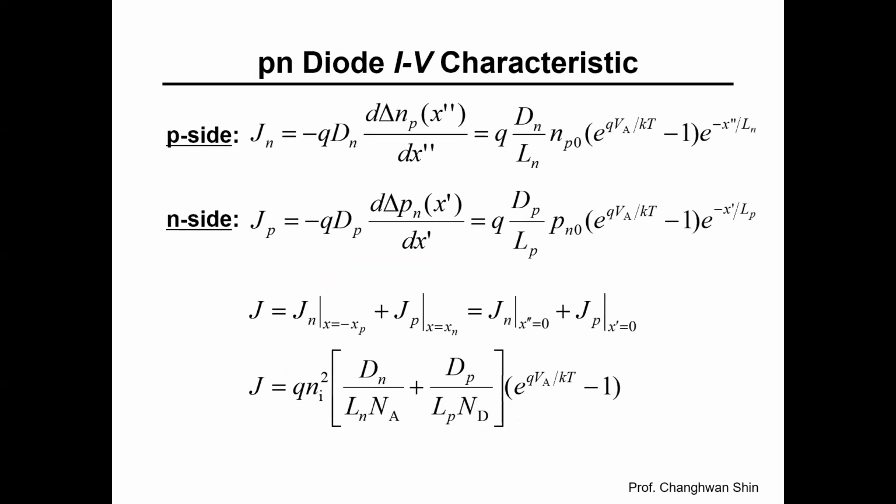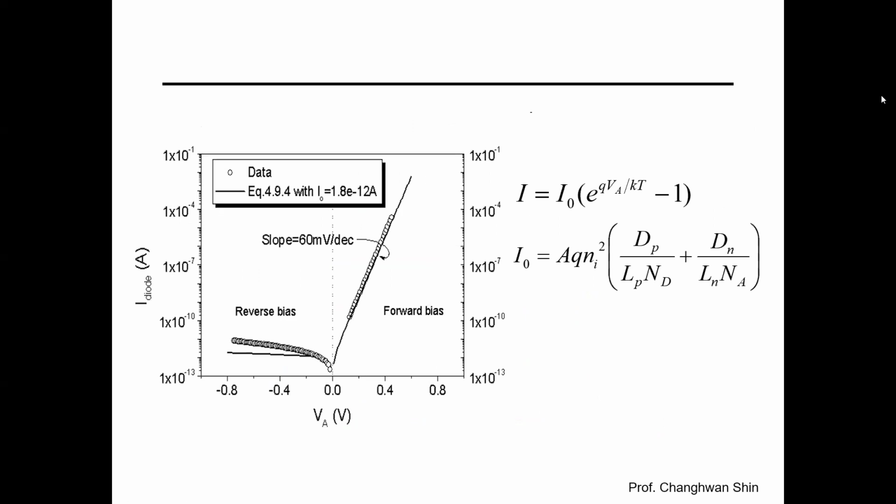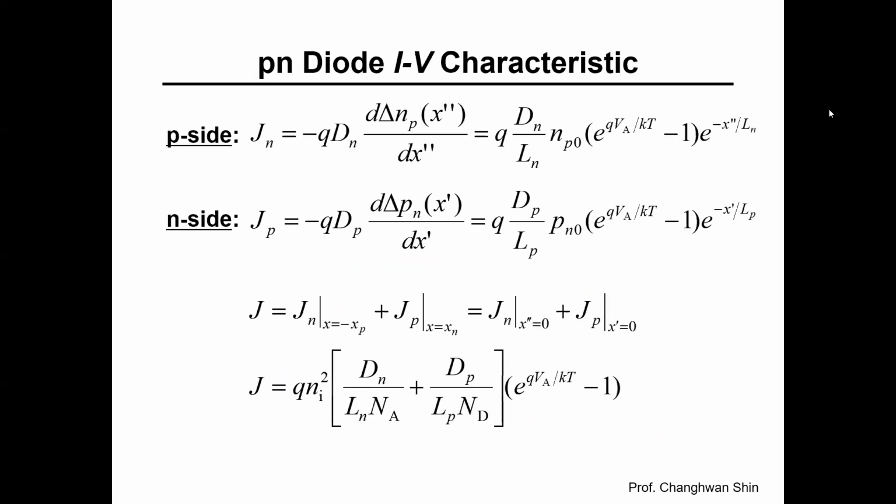Now let's move on to the PN diode current versus voltage characteristic. We can determine the current densities by examining how these excess carriers diffuse out.